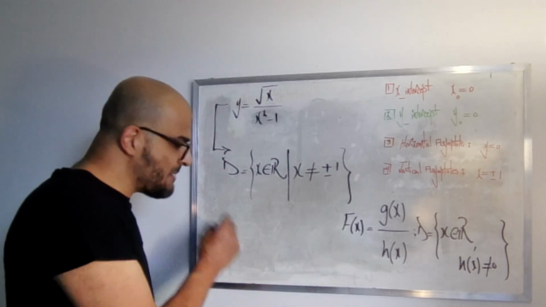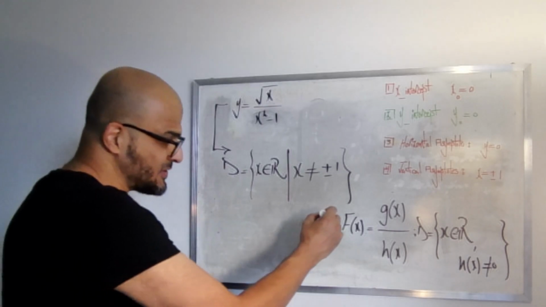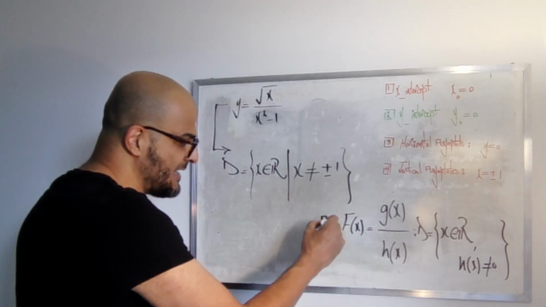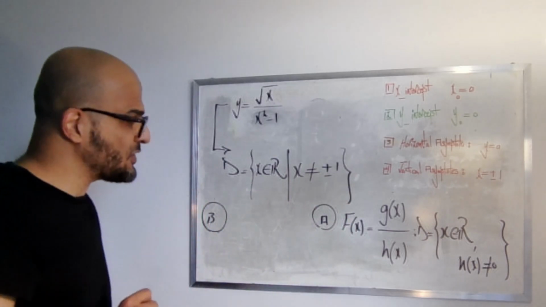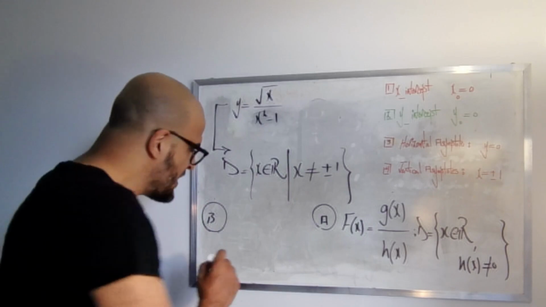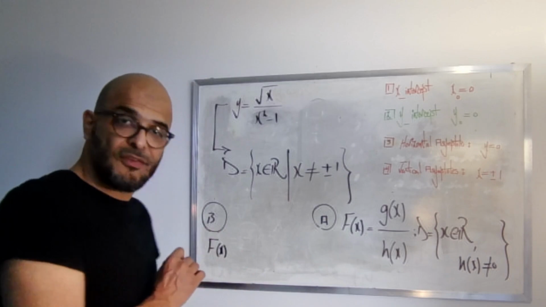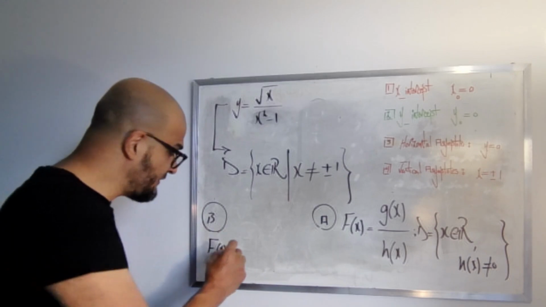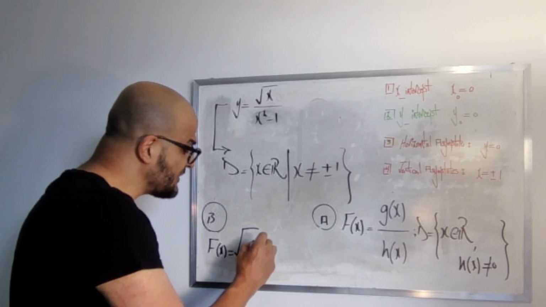But also remember from your prior studies, I'm just going to show that here as point A, and I'm going to call that point B. When we're talking about the domain, if we design a function, we call that f of x, and this is the square root of another function, we call that g of x.